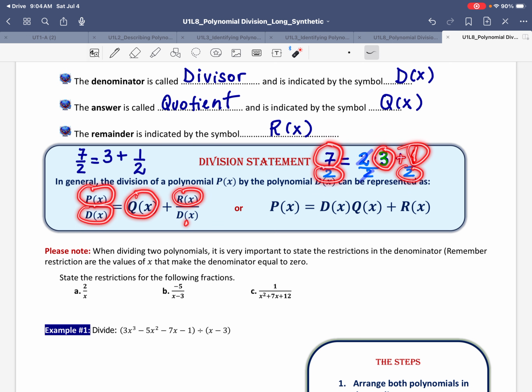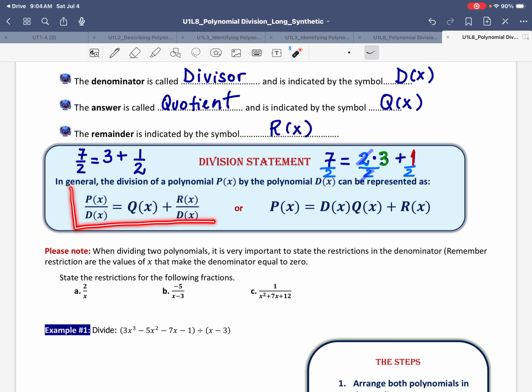So this is the division statement in polynomial division.